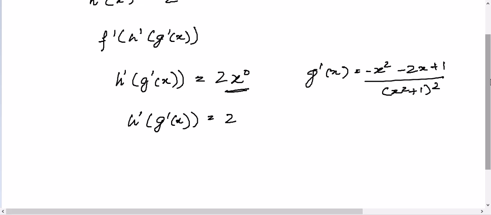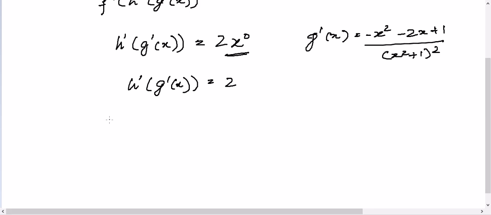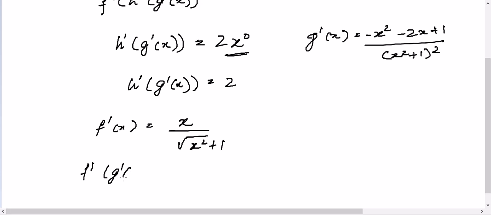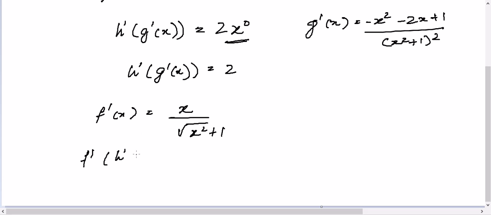Now what we had, f dash x is x divided by under root x square plus 1. So f dash of h dash of g dash of x will be f dash of 2.